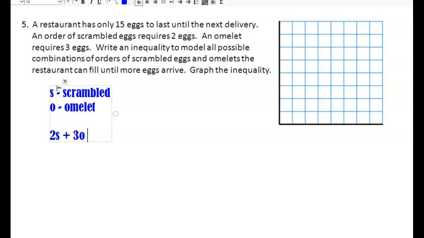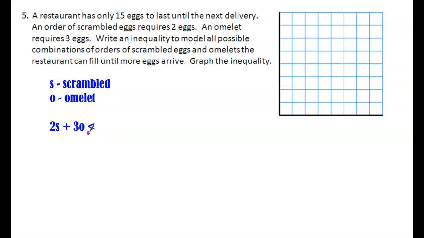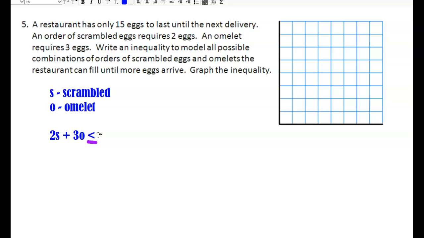So I have a total of 15 eggs. But we could actually use the 15th egg, so it's going to be a less than or equal to in this case. And then the total number of eggs I have, which is 15.